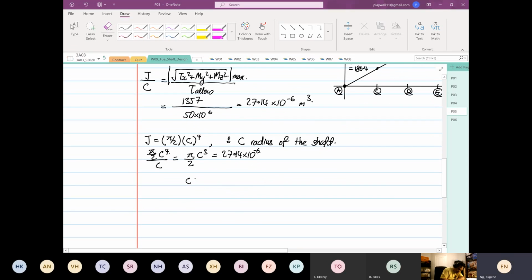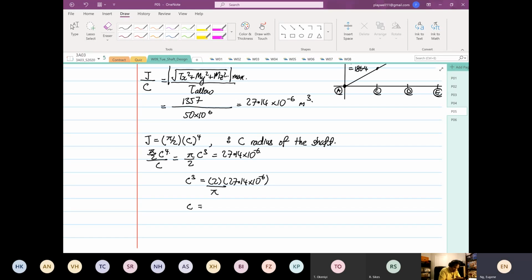So C cubed is equal to 2 divided by pi multiplied by 27.14 times 10 to the power minus 6. And finally, C, so 2 times 27.14 times 10 to the power minus 6 divided by pi, then take the answer to the power of 1/3.